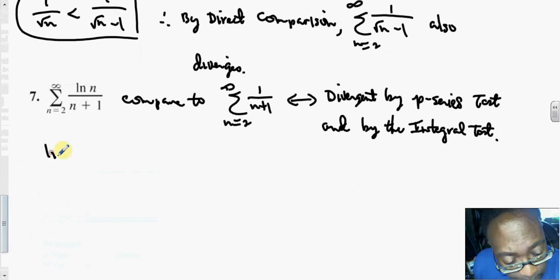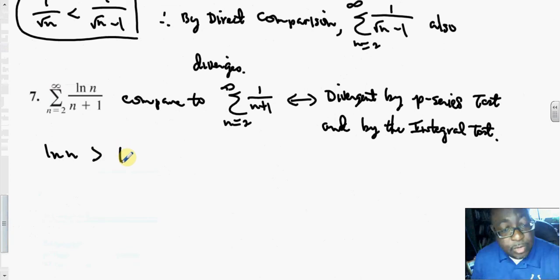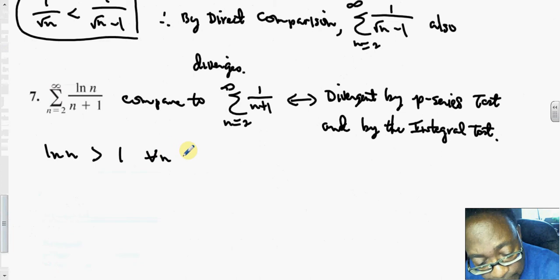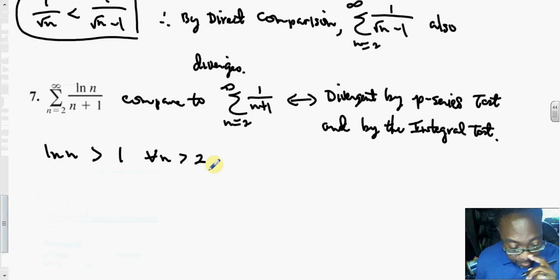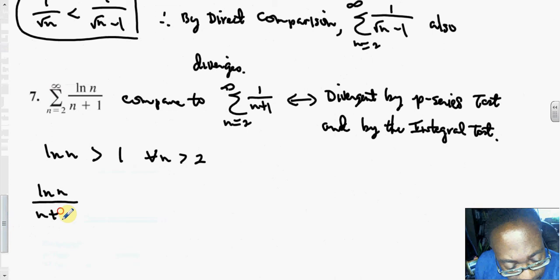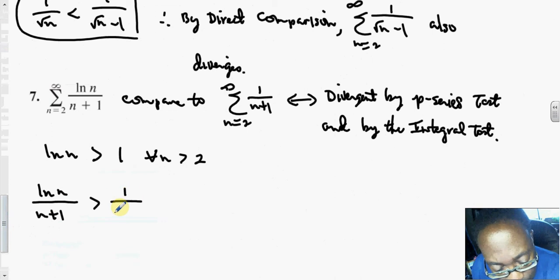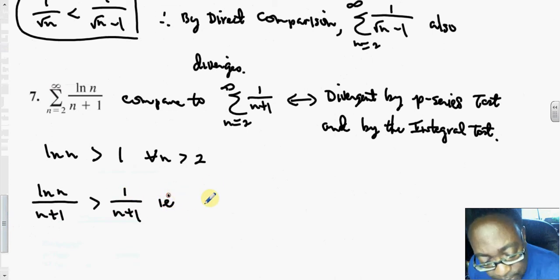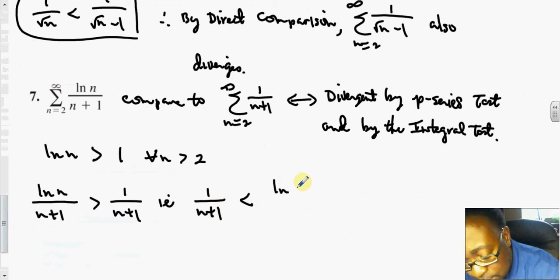So let's see. The natural log of n here is obviously greater than 1 for n greater than 2. If you divide this inequality by a positive term, both sides by the same term, then the inequality holds. So we have the natural log of n divided by n plus 1 is greater than 1 over n plus 1. That is, 1 over n plus 1 is less than the natural log of n all over n plus 1.